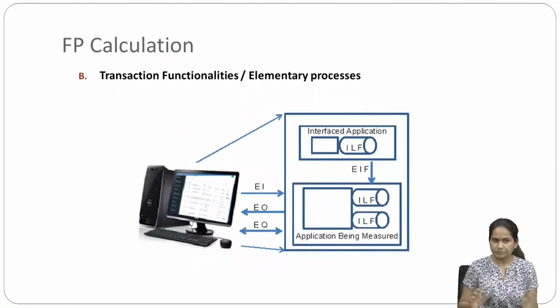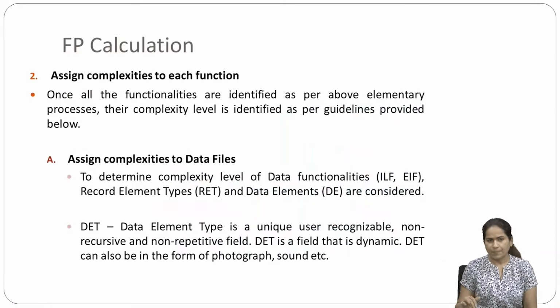Getting? This is the representation of connection between EI, EQ, EO, ILF, EIF. Interface application you have, then you may have ILF. Application being measured, if you are measuring the application, then you can have different ILFs, and based on that you can have the measurement.